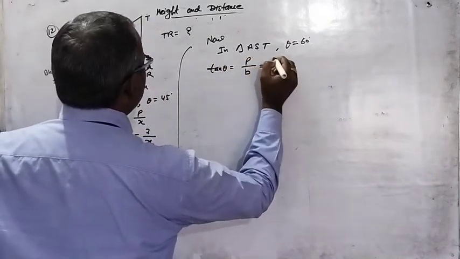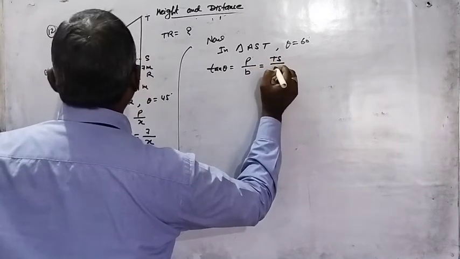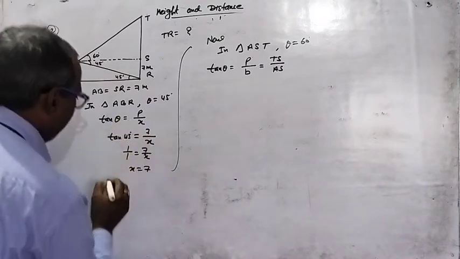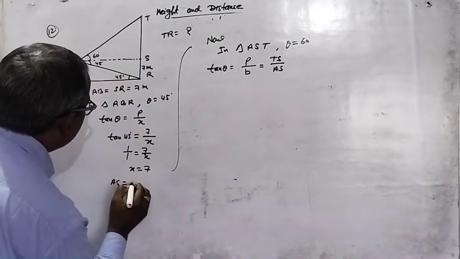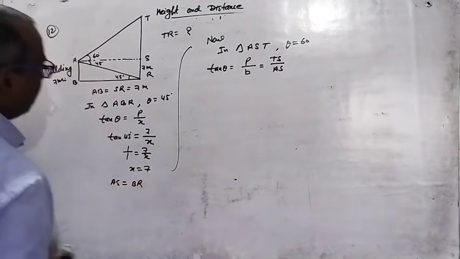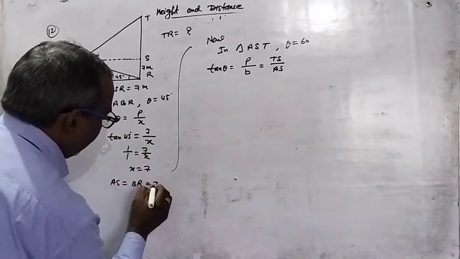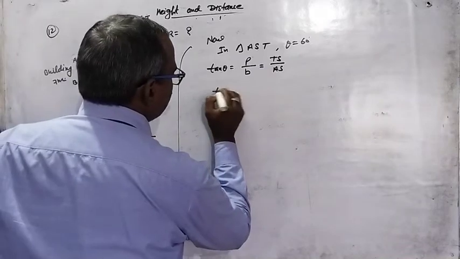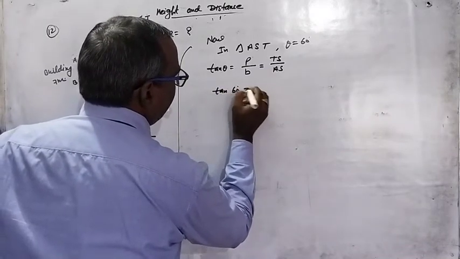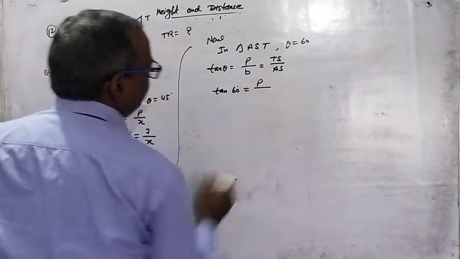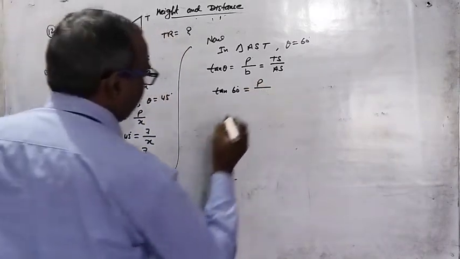Here the perpendicular is TS and the base will be the same AS. AS is equal to BR, and BR is 7. So tan 60 degree, TS we have to find, let it be P, and AS is equal to 7.